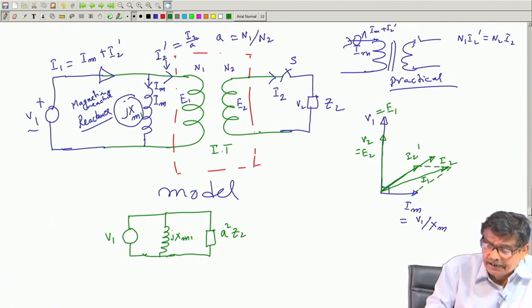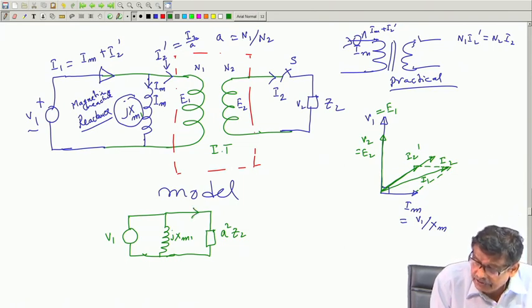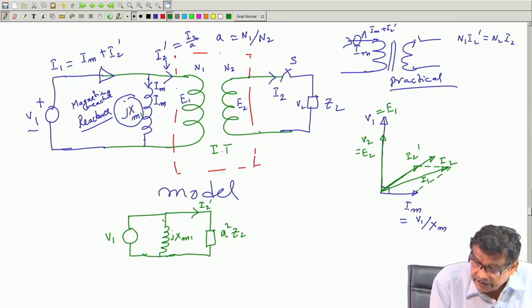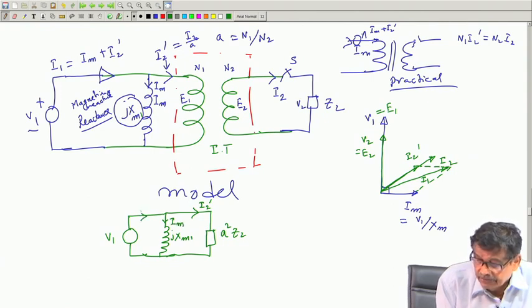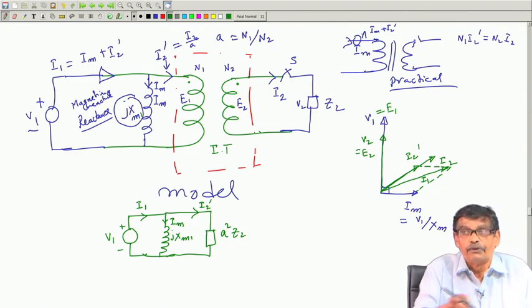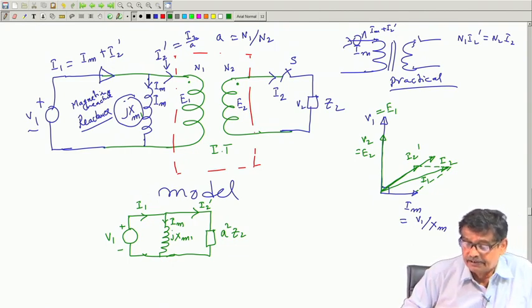So whatever impedance, voltage, these are there, and this current I will show as I 2 dashed, reflected current, and this current I will show as magnetizing current, and this current is your I 1. Mind you, I am not drawing, but there are dots, that is very important with respect to this. So this is the equivalent circuit referred to the primary side.